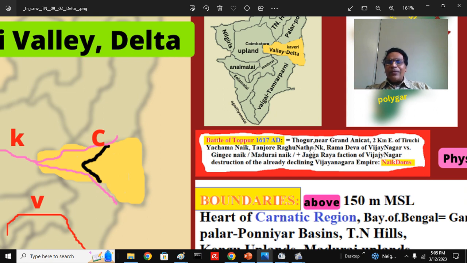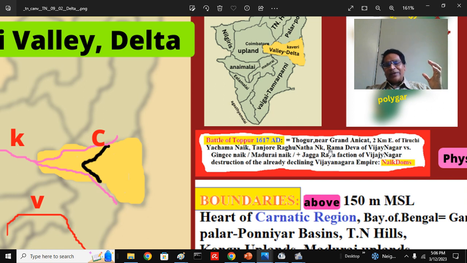The warring factions were Yachamanayaka, Thanjavur Raghunatha Nayaka and Vijayanagara's emperor Ramadeva on one side; on the other side were the Gingee Nayaks, Madurai Nayaks and Jaggaraya, a sardar of the Vijayanagara Empire.